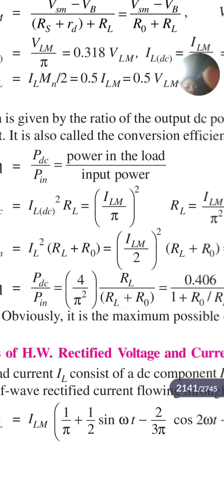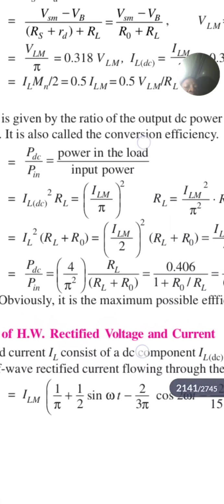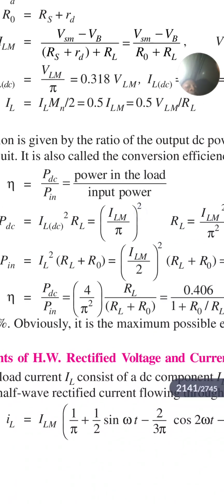So now for the IDC, I told you before that IDC is something as what? IM over pi. When you divide by pi, that pi is 3, you have something small. When you divide that same IM by 2, you have something that is bigger than that IDC.